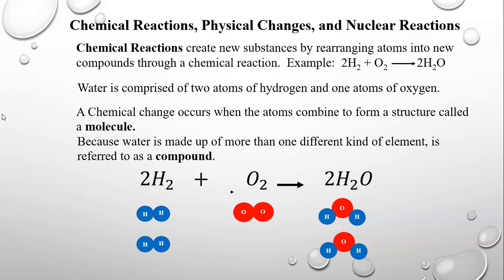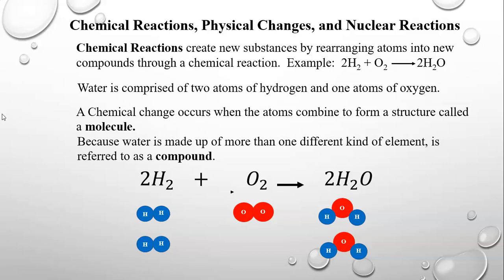What you have there with the 2H2. Take the small 2 behind the H. What that means is that you have 2 atoms of hydrogen that bond together to form a molecule of hydrogen called an H2 molecule. Hydrogen, along with oxygen, are two of 7 different elements that like to form molecules.